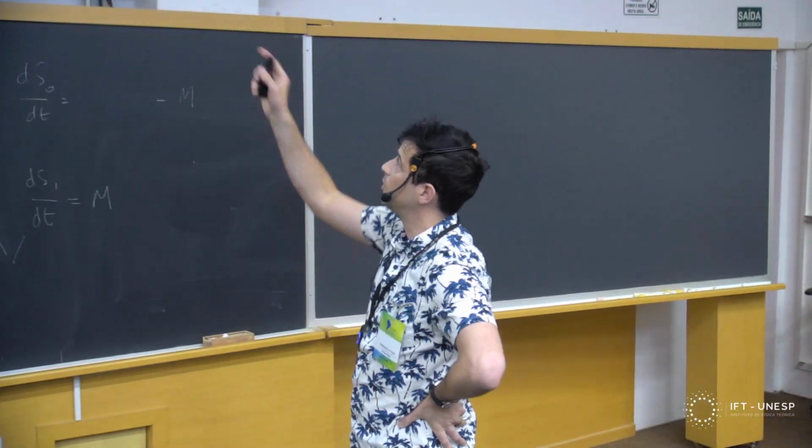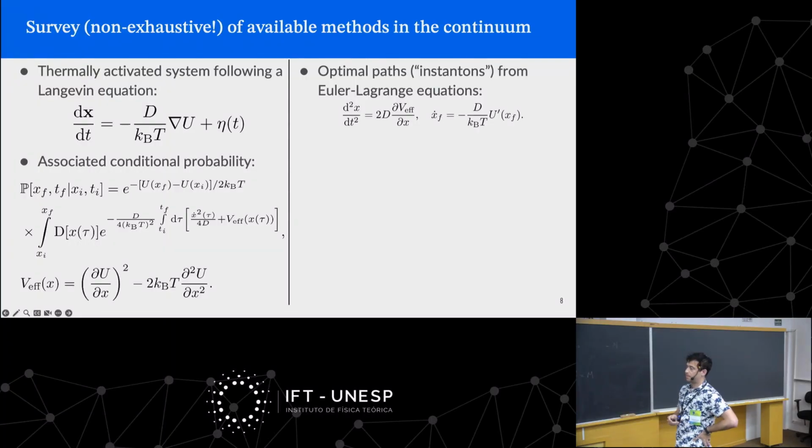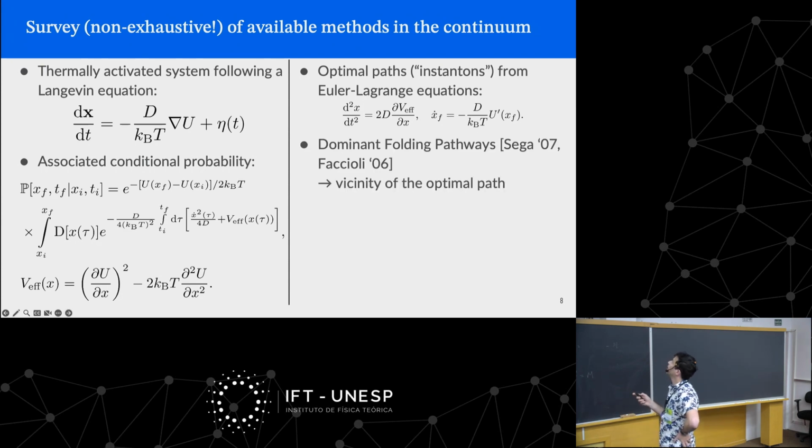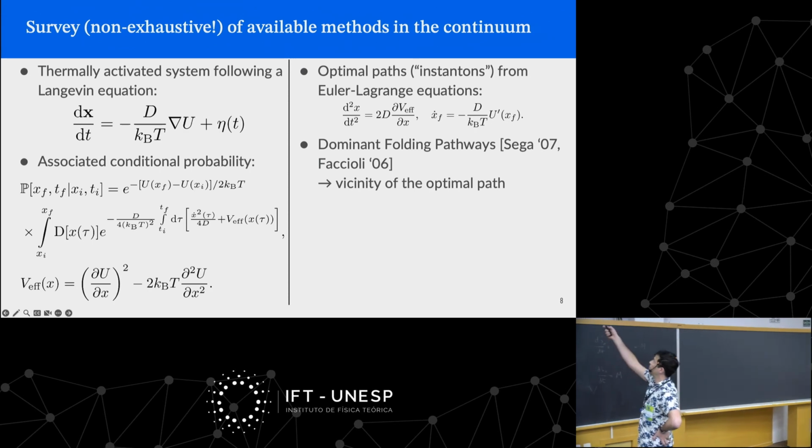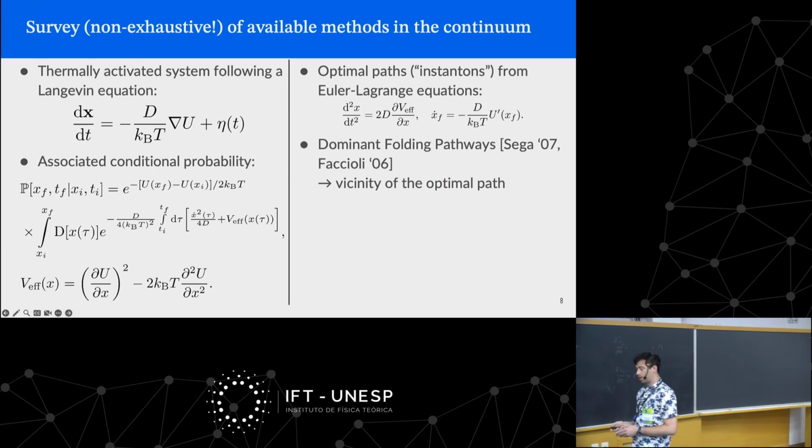So optimal path. You can get the optimal path by solving the Euler equation associated with that. There are other methods which have been proposed in the last 20 years or so. You have what's called dominant folding pathways, and those are methods which try to, from the solution here, generate trajectories which are statistically close to the dominant one.